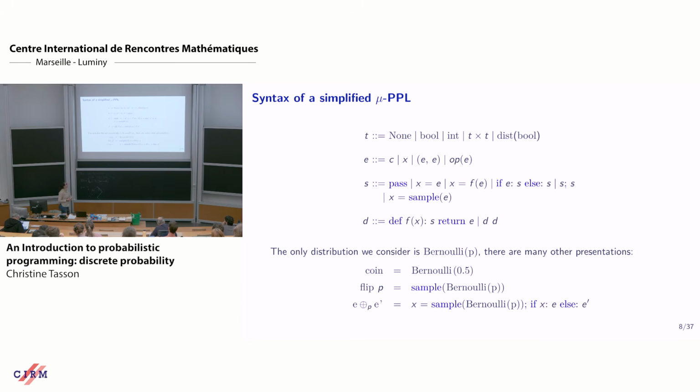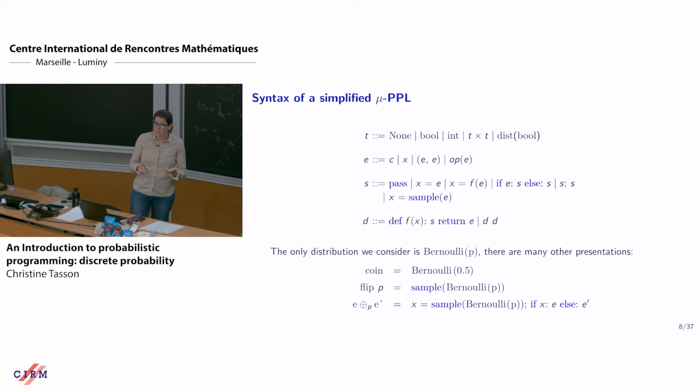Okay, so this is the syntax of simplified mu-PPL. So I have types, which are discrete here, and I have some expressions, the constants. The constants may be integers or booleans or probability distributions, like a Bernoulli.